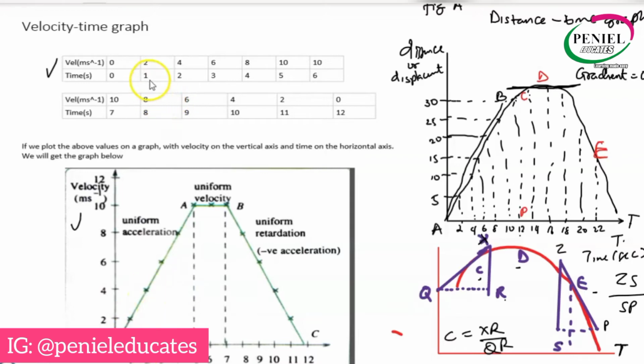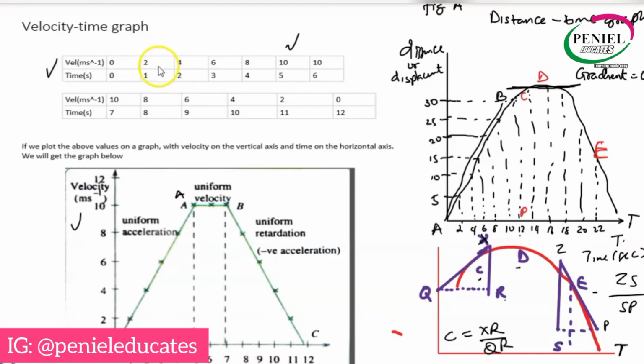Now you discover that we have a uniform acceleration between 0, 1, 2, 3, 4, 5. From point 0 to A, we have a uniform acceleration. You see that the change of velocity is in respect to change with time.